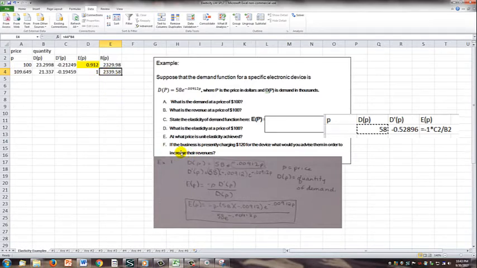And then it says, if the business is presently charging $120 for the device, what would you advise them in order to increase their revenue? So let's drag this down one more time and put 120 in here. As you can see, elasticity is now greater than 1, which means that the quantity of demand is elastic.